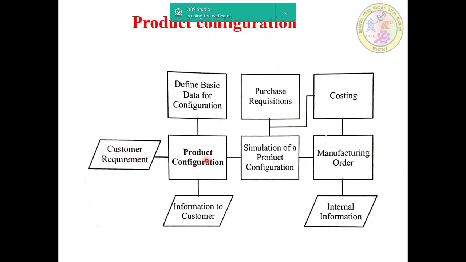They will go for the product configuration, and then it is used to create a procurement order for semi-finished products and direct material purchases related to orders. The simulated configuration is also used to introduce changes in customer requirements and to perform costing.